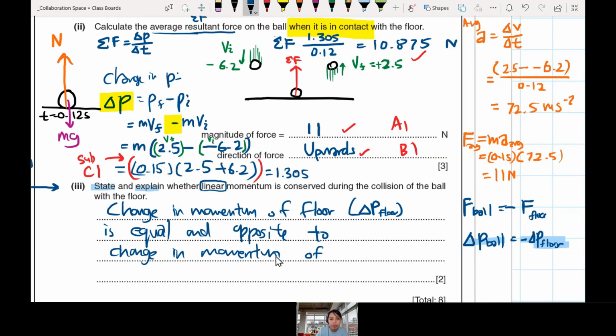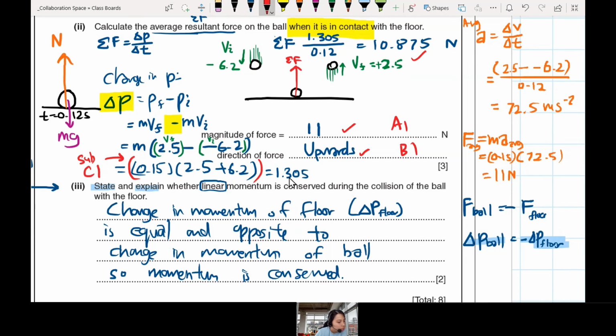So momentum is conserved. Okay, so this is basically the momentum idea.